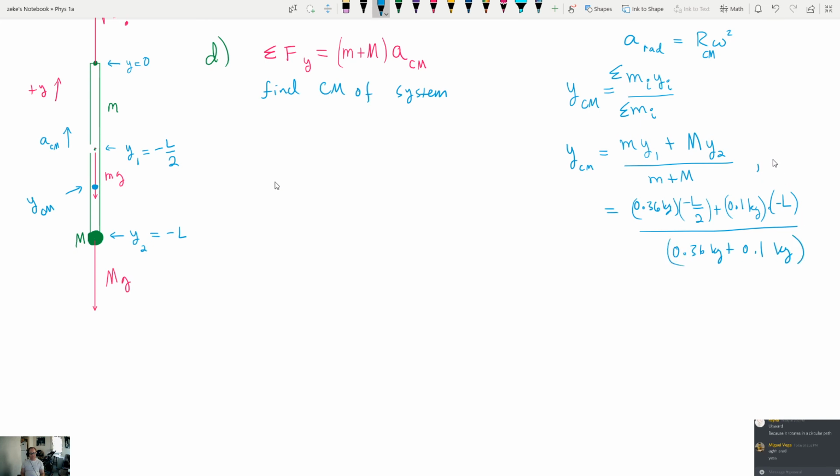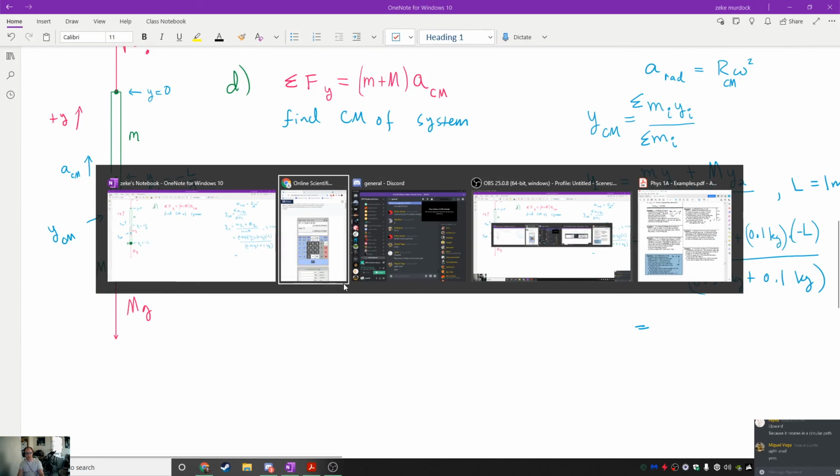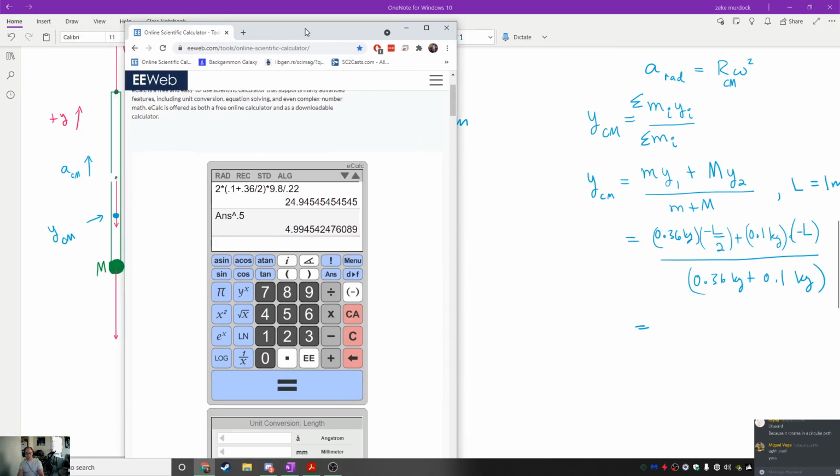Keeping in mind that L is equal to 1 meter, this is going to be something like 0.609.